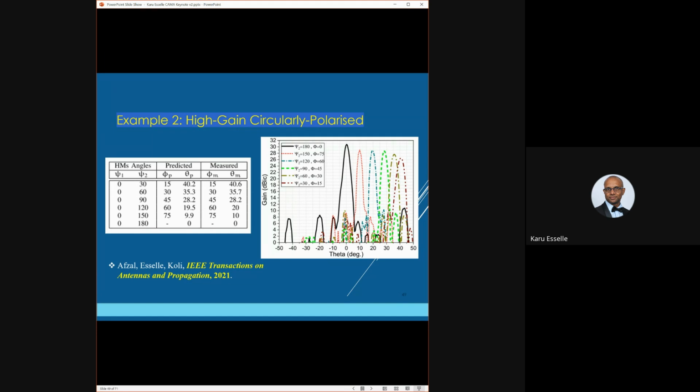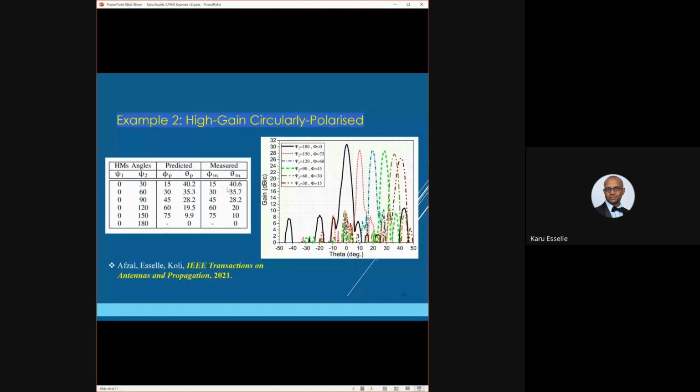These are the patterns from that prototype. As we steer, that's the boresight direction. In this case, we get the maximum gain when it is in the boresight direction, theta equals 0. And you can see as we steer the beam, the peak gain gradually drops.